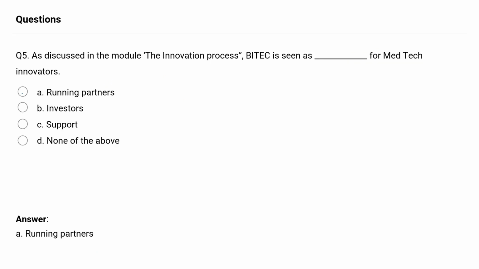Okay, so the correct answer to question five is BETIC is seen as a, again, I just try to correct it here, BETIC is seen as a running partner for medtech innovators. All right.